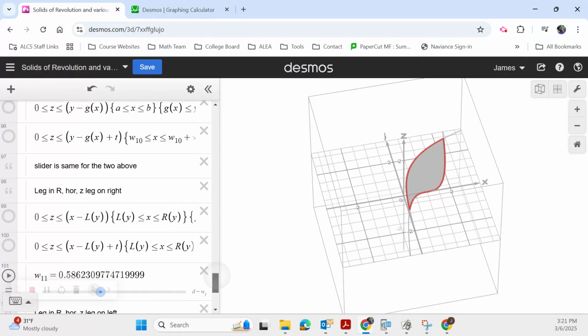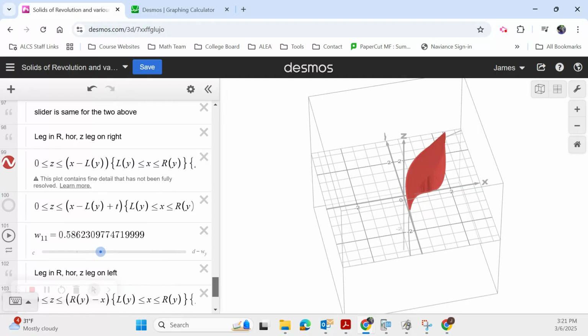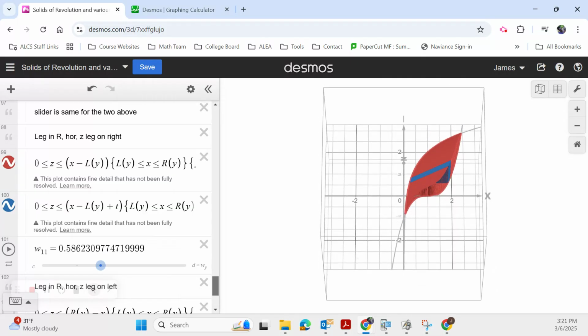Perpendicular to the y-axis, so that's horizontal, leg in R, horizontal. And you can have the leg on the right or the left. Here's what it would look like, with the leg on the right side.